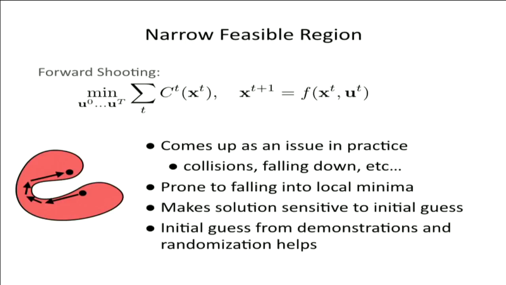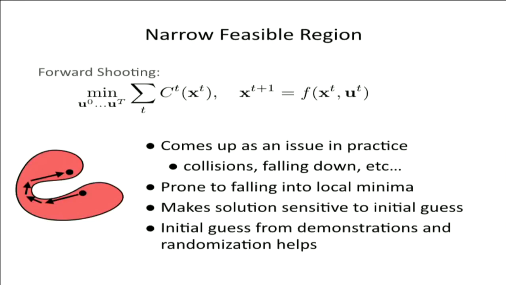One thing that I should also add is that this is not some weird pathological case. This does come up in practice often, this issue that you have to stay on the space of physically plausible movements. So, for example, collisions often have problems where I have my hand here and I want to move it over here, and you might try to have a motion that moves this way, but you can never have the hands penetrate or cross each other, and you might get stuck in this minimum.